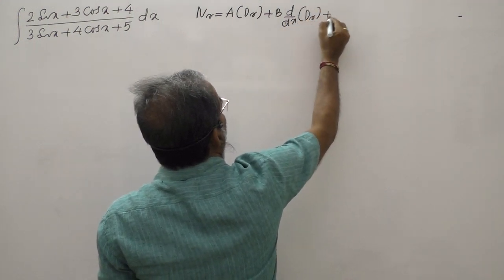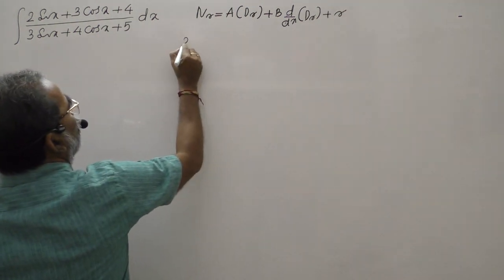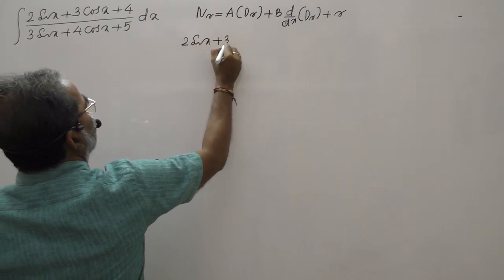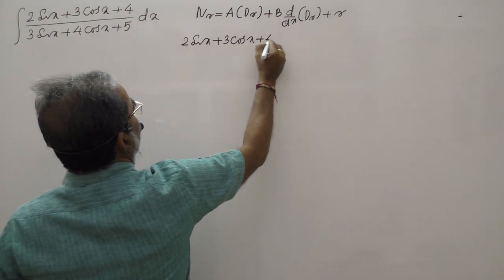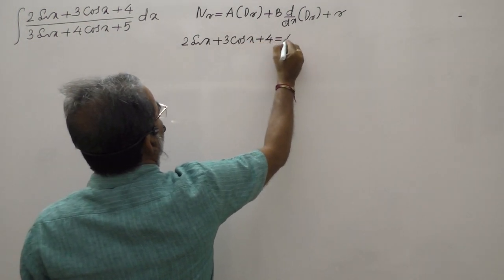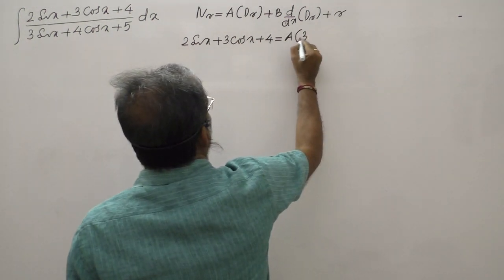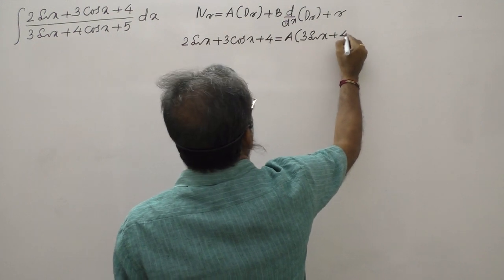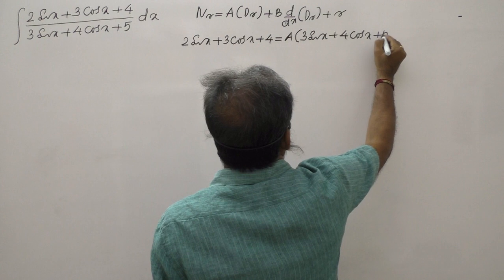What is numerator? 2 sin x plus 3 cos x plus 4 is equal to a into denominator. What is denominator? 3 sin x plus 4 cos x plus 5.